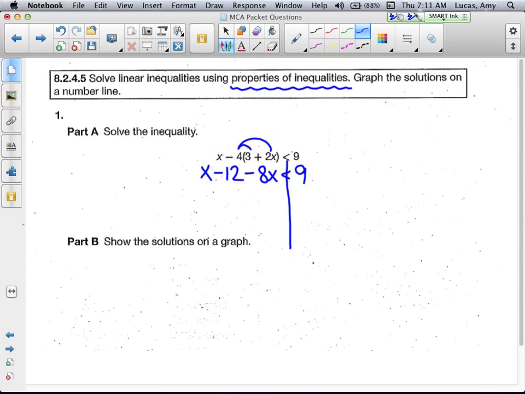Then I'm going to put a 1 in front of the x that didn't have a coefficient, and these terms are on the same side and they are like terms. So 1x minus 8x is -7x minus 12 is less than 9. So that was just the first property I used, in case you're wondering about properties. That was the distributive property.